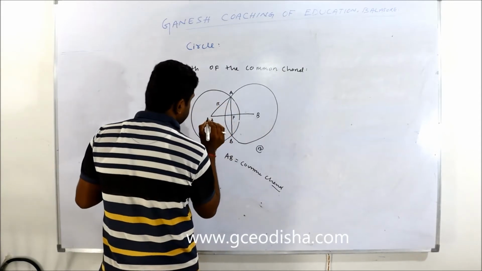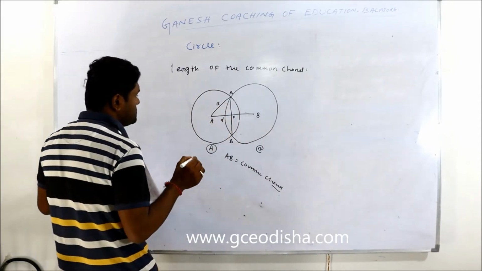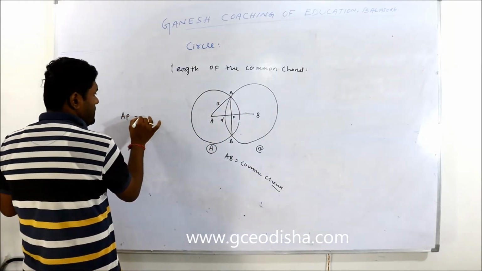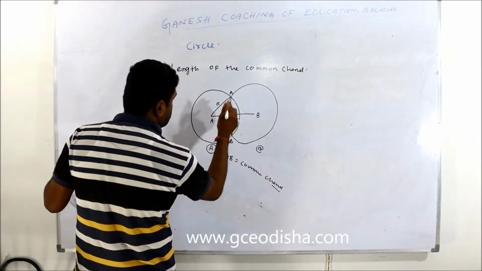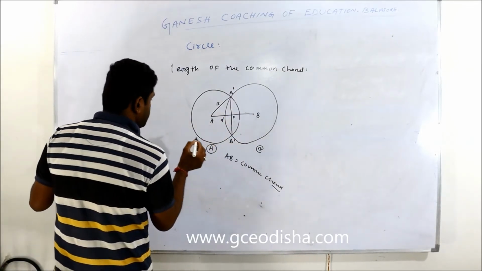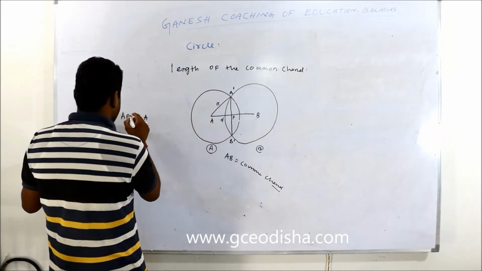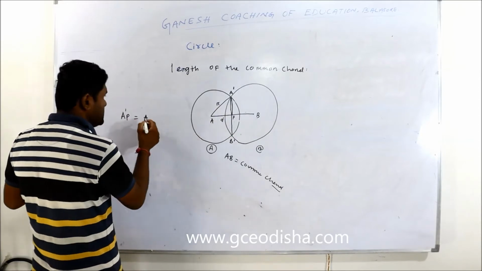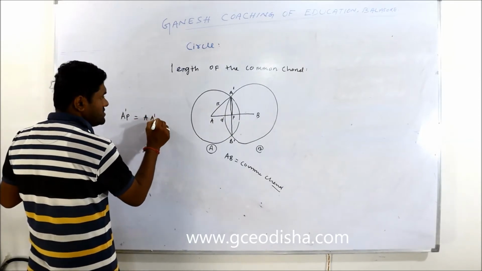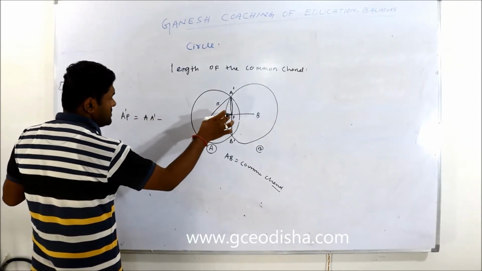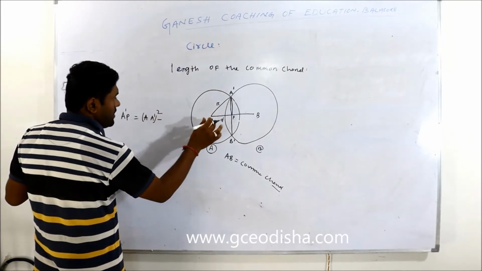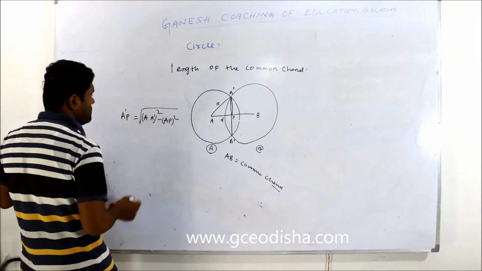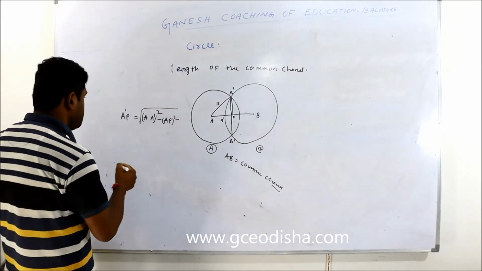Like this is the radius and this is the perpendicular distance, right? Then what is the value of AB? A dash P means this distance. Okay, A dash P is equal to the square root of A dash square minus AP square, as per the Pythagoras theorem.